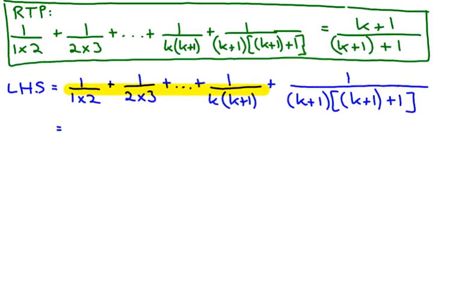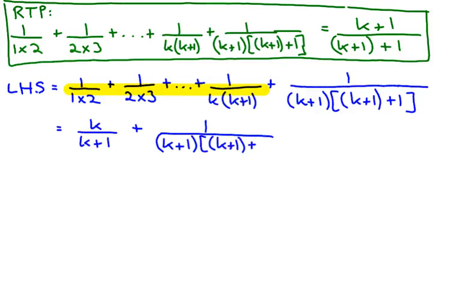So I get k over k plus 1 plus, so look, we've got 1 over k plus 1 times k plus 1 plus 1, which you could write as k plus 2 if you want. Actually, I think I'm going to go back and write it as k plus 2. It's a bit easier to work with like that. So it's k plus 2. Okay, so my LCD is k plus 1, k plus 2.